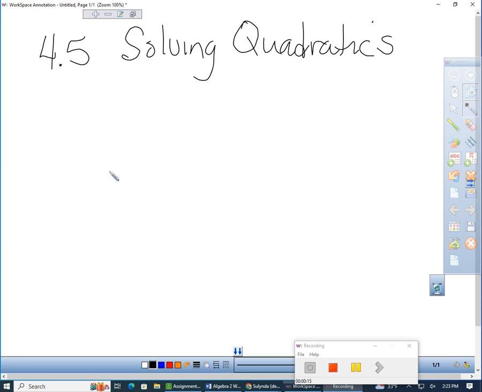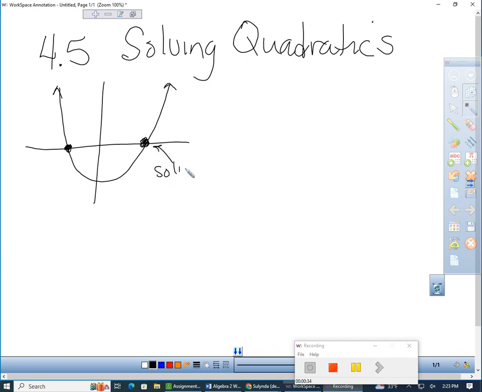So when we are solving quadratics, if that quadratic crosses the x-axis in two places, these two places are actually your solutions. Sometimes we call these solutions the zeros of the function because your y value is 0, right?